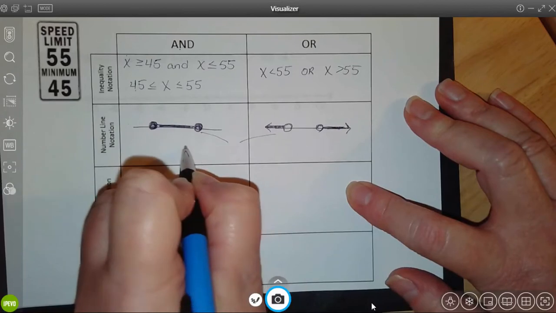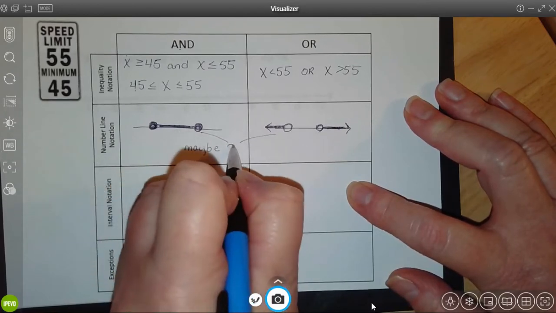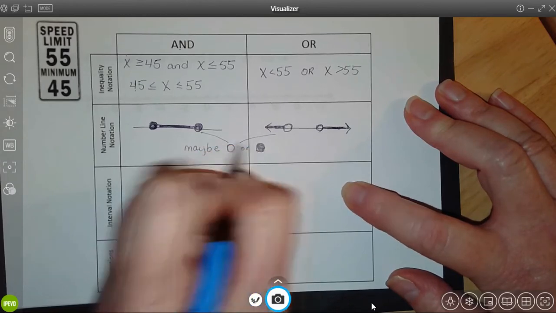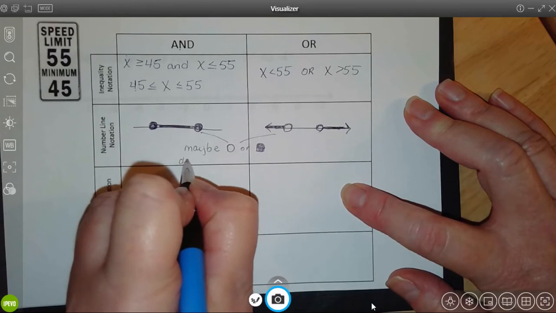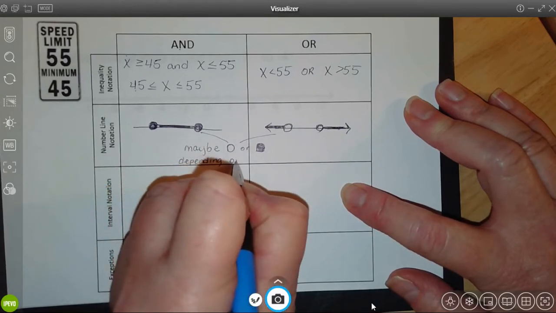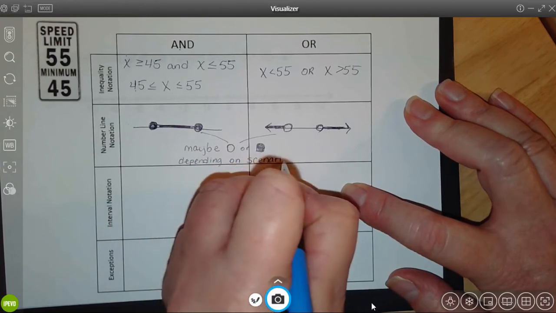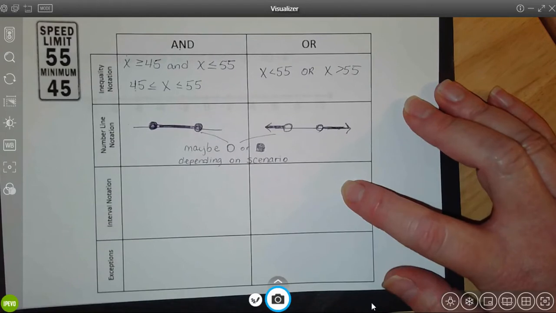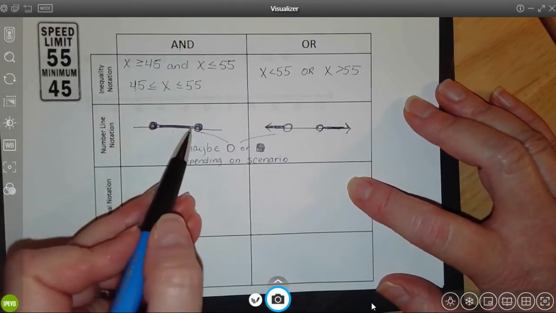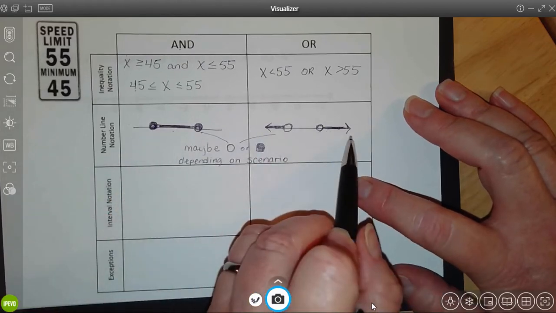These may be open or closed depending on the scenario. So for our speeding scenario, we have the correct ones, but depending on what story you might be reading next, you may have one open and one closed, or both open, both closed. But an and scenario should be coming together, and an or scenario should be going apart.